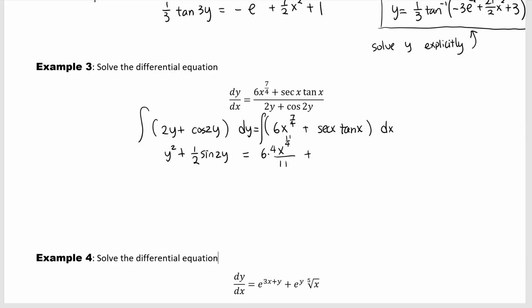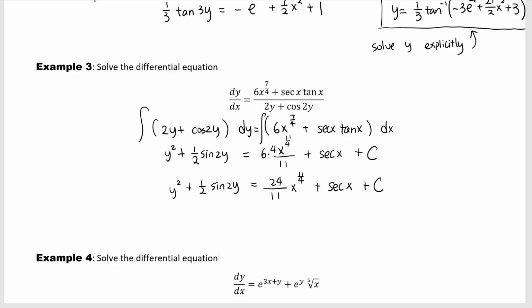And what is the integral of secant x tangent x? Well, that is secant x. After we finish, we add plus c. Let's make it look nicer: 6 times 4 is 24 over 11, x to the 11/4 plus secant x plus c.